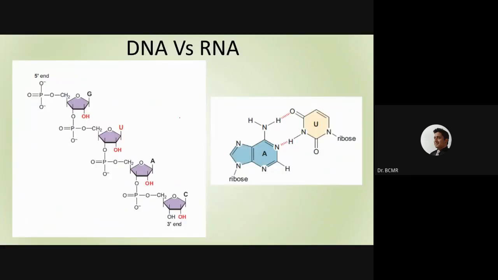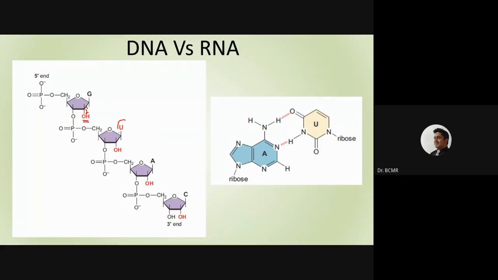Quickly, there are differences between RNA and DNA. The first one is about 2', right? 2' OH. Ribose has 2' OH, whereas deoxyribose that is present in DNA has H at the 2'. That's why it is called deoxy, one oxygen atom is missing from the ribose in DNA.